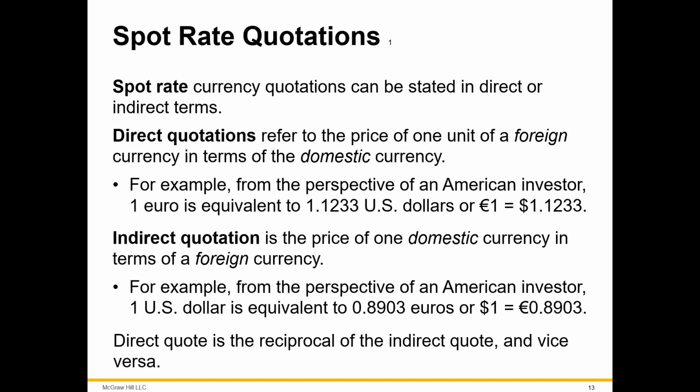So spot rate transactions are over-the-counter markets. You solicit quotes.